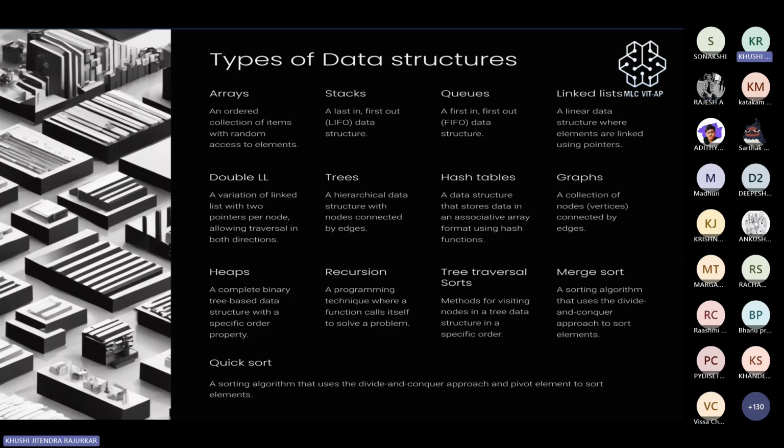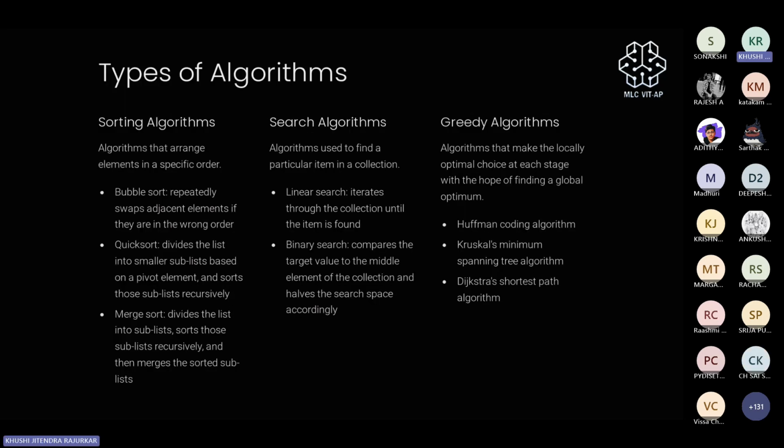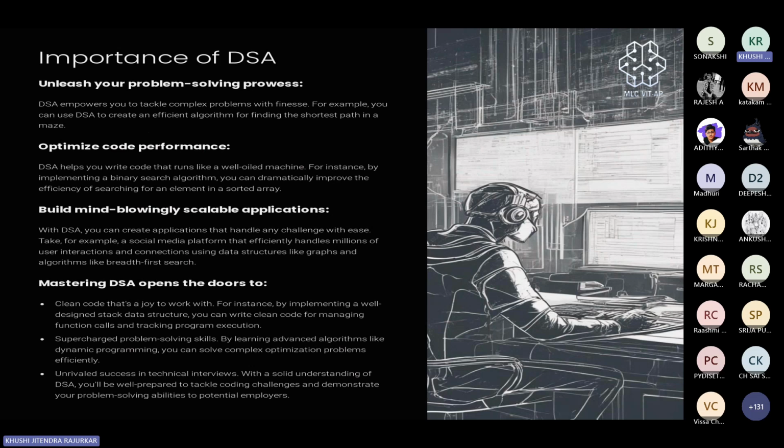Yeah, okay. So we studied the types of data structures that we're going to go through and the kinds of algorithms used by these data structures to find the optimal solution. And we discussed the relevance of DSA in real life applications.